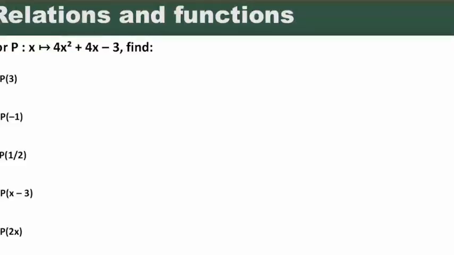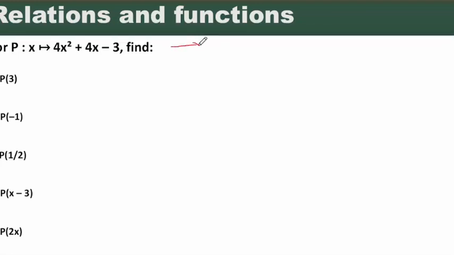Here it says for p such that x is converted to 4x squared plus 4x minus 3. Find p of 3, p of negative 1, p of 1 half, p of x minus 3, and p of 2x.